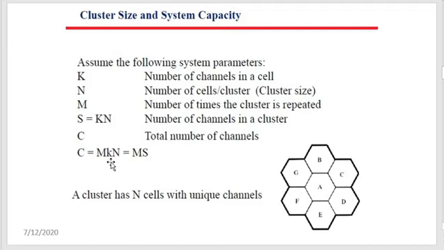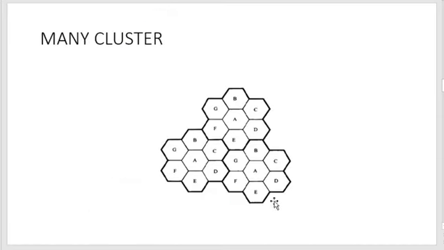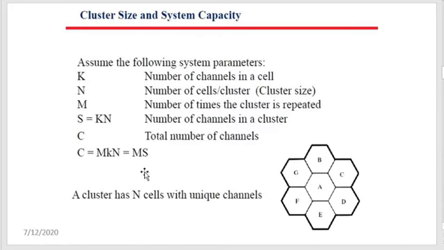So if S is equal to 600, and this pattern is being used, M is equal to 3, so C will become 1800. Okay. But remember, if you try to increase the clusters further, there will be more interference. Understood? This we will study in the upcoming topics.